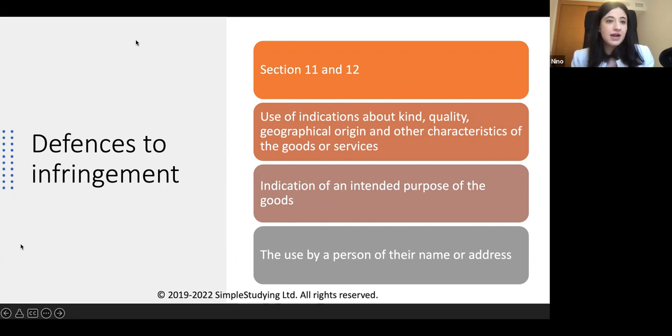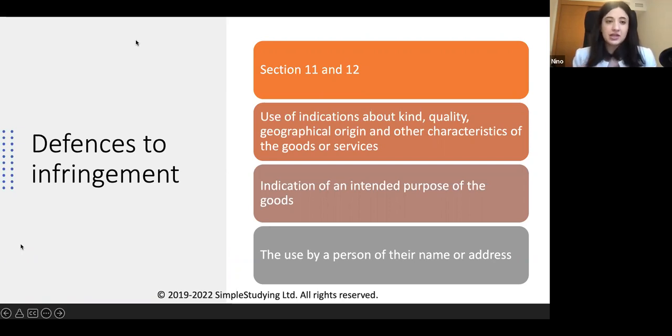So nowadays, more and more people are using everyday language to describe their products. It is possible that the same words are used by registered trademarks in a similar industry, but it's a defense. The infringement proceedings cannot succeed in this case because it's everyday language used to describe the characteristic of the goods or services.